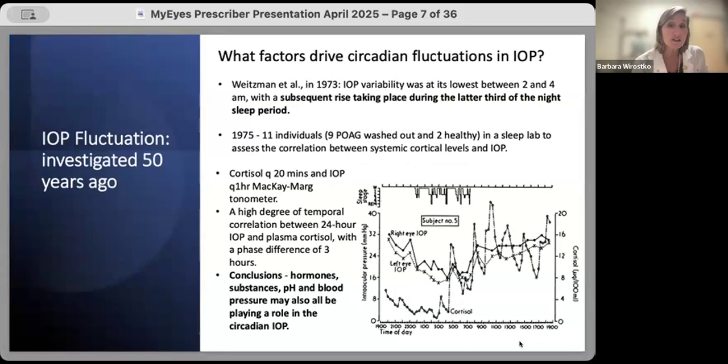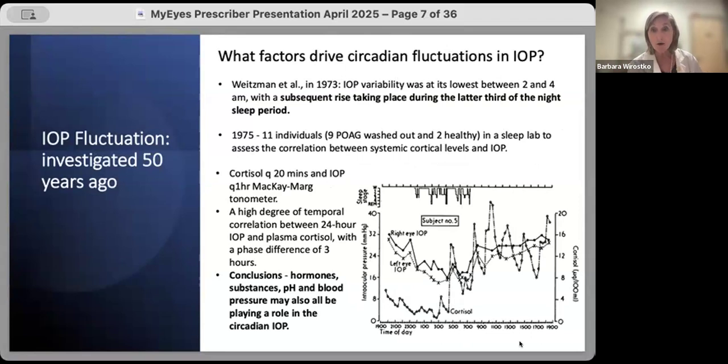This is a really interesting paper, and this was actually done in 1973. This was an endocrinologist who knew that cortisol or something in the blood could be impacting IOP. So he had 11 patients come in.